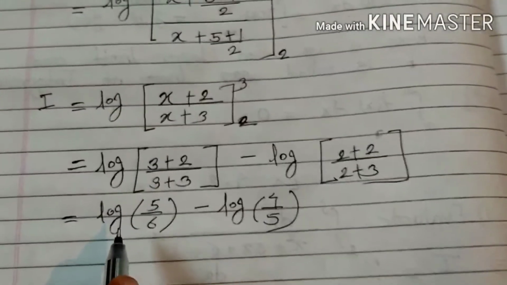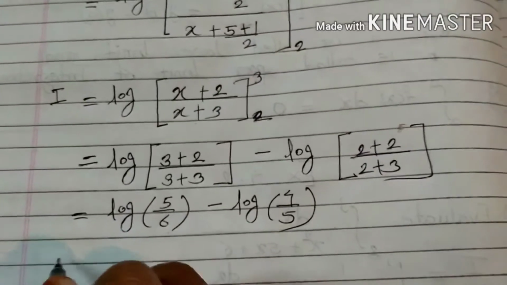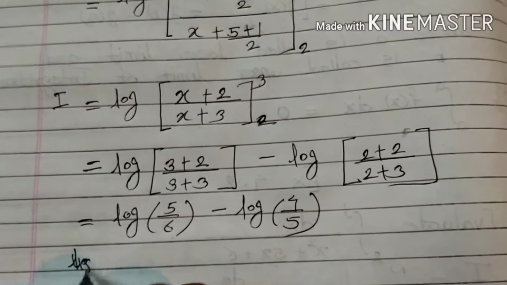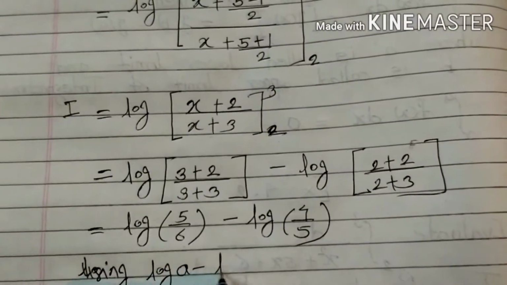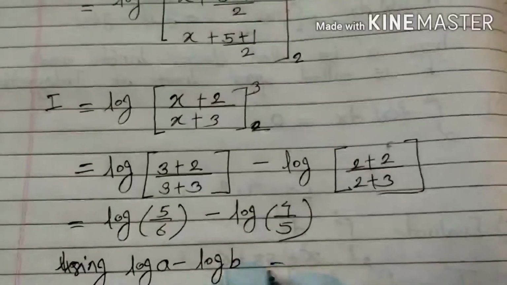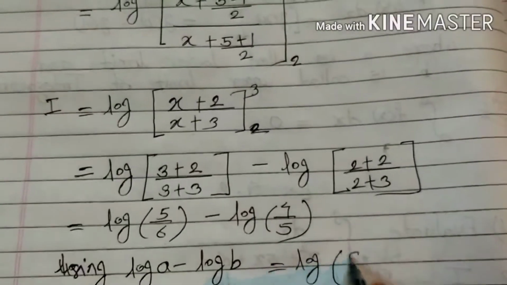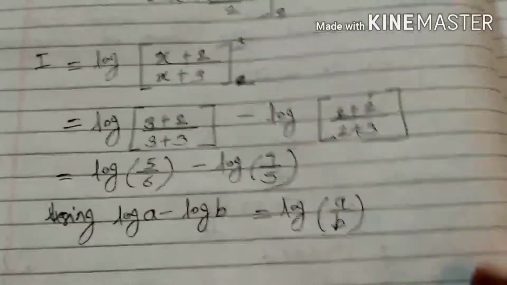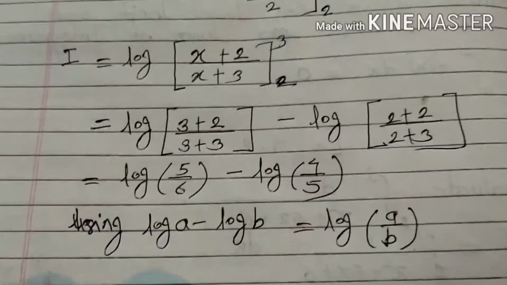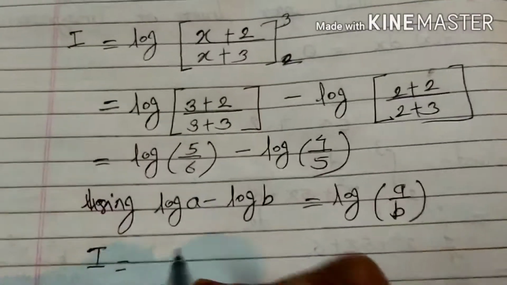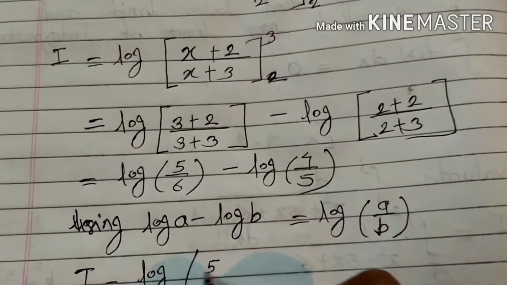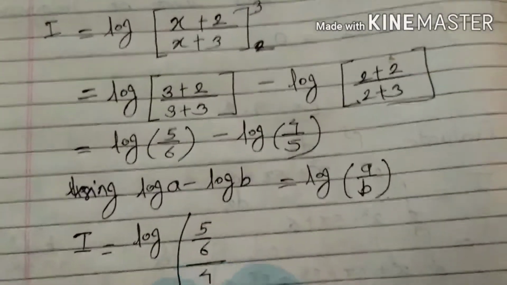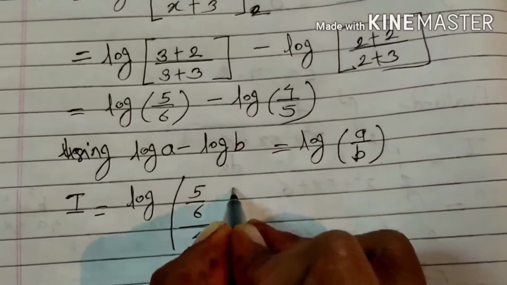We know the rules of logarithms. Using log a minus log b, the rule is log a upon b. Using this rule, our integration will become I is equal to log of 5 upon 6 upon 4 upon 5.